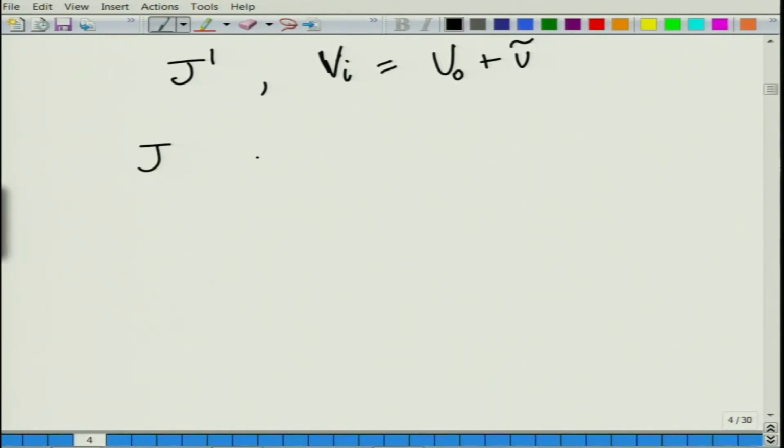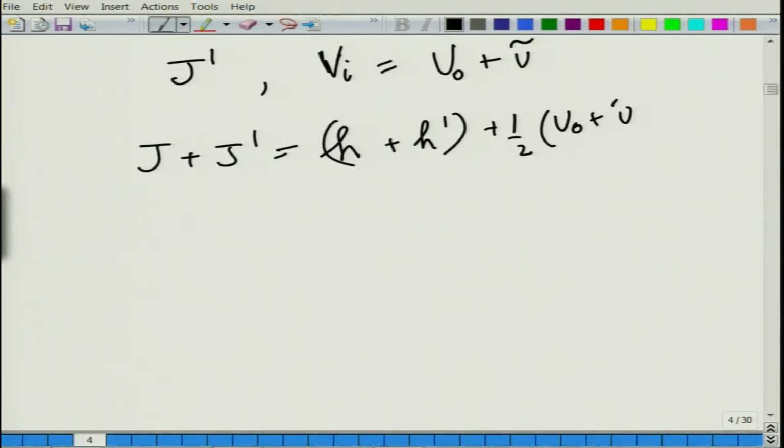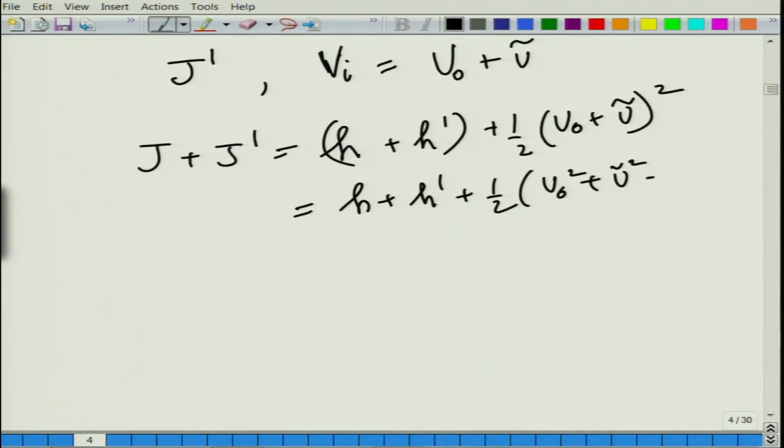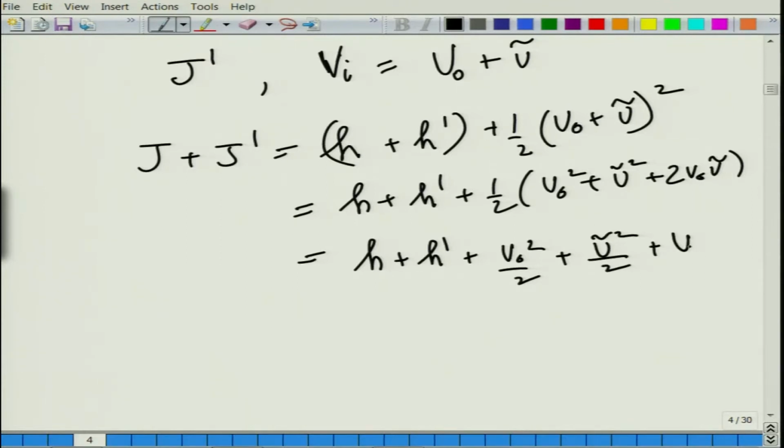When you have a small perturbation over the ambient, we can write J plus J dash is equal to H plus H dash plus half times (u naught plus u tilde) whole square. Then we can regroup the terms.